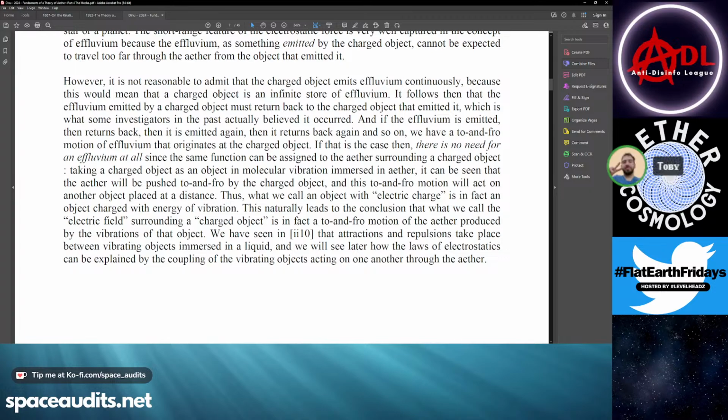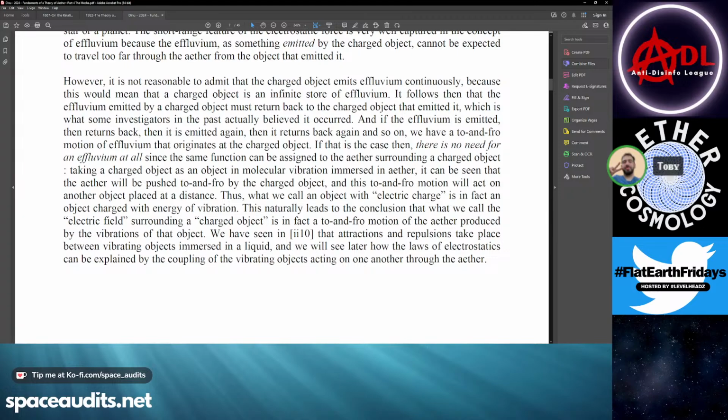It follows then that the effluvium emitted by a charged object must return back to the charged object that emitted it, which is what some investigators in the past actually believed occurred. And if the effluvium is emitted, then returns back, then is emitted again, and so on, we have a to and fro motion of effluvium that originates at the charged object.